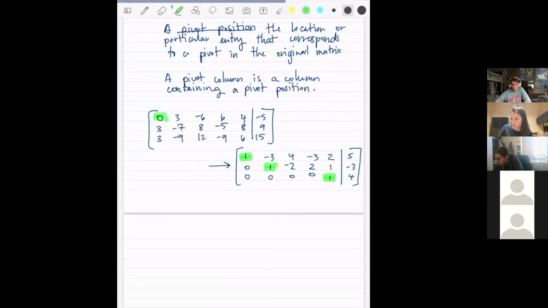So it's just this one, and this one. And again, the pivot columns are going to be these ones that contain a pivot, right? So these are pivot columns.